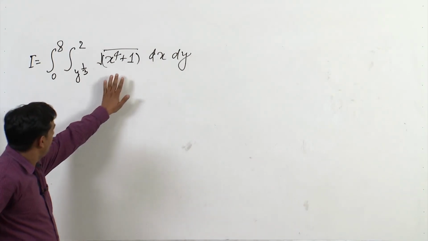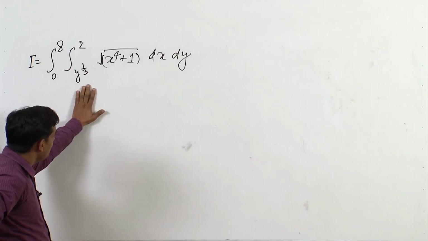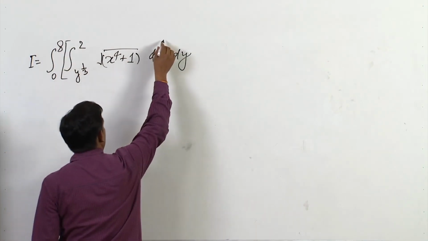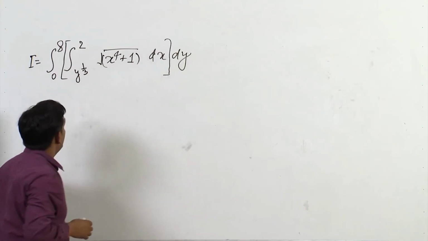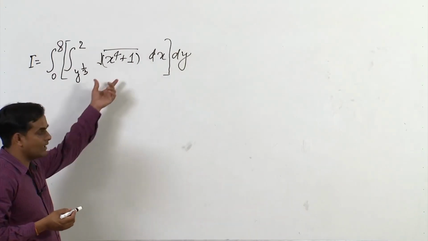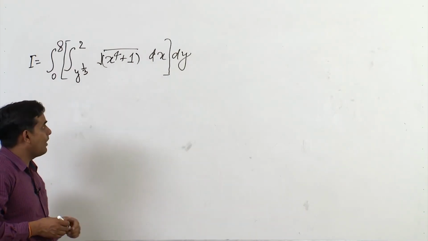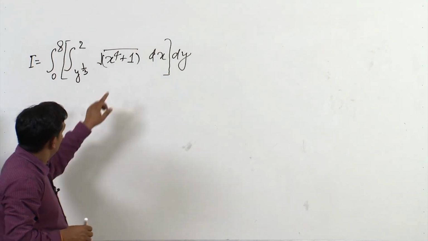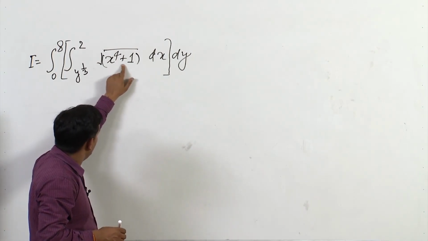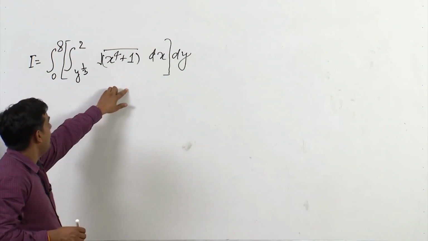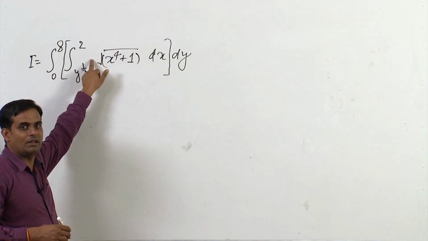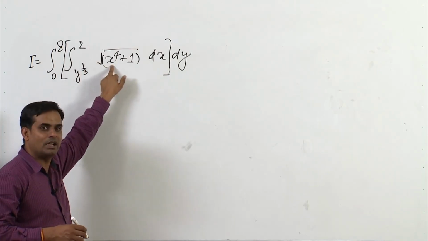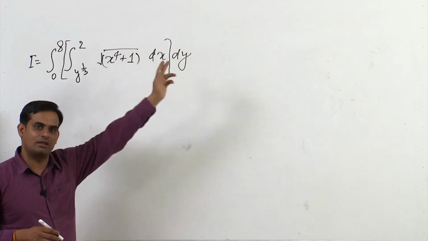Now in the original form, first I need to evaluate the definite integral in the square bracket. However, for doing it, when I integrate this particular thing, I need a term x raised to power 3 out of this, because then only I can assume that x raised to power 4 plus 1 equals t.